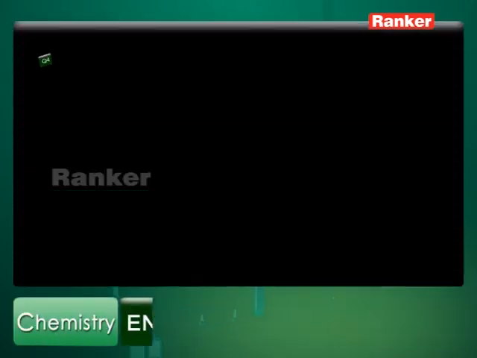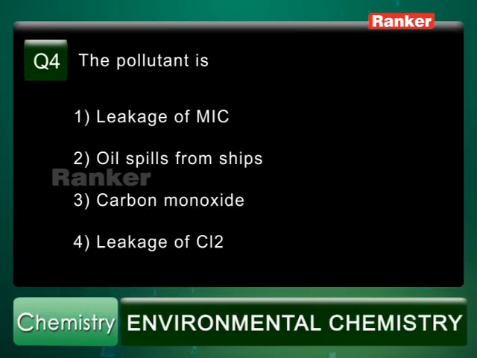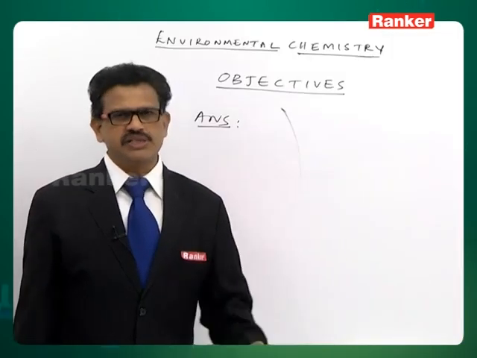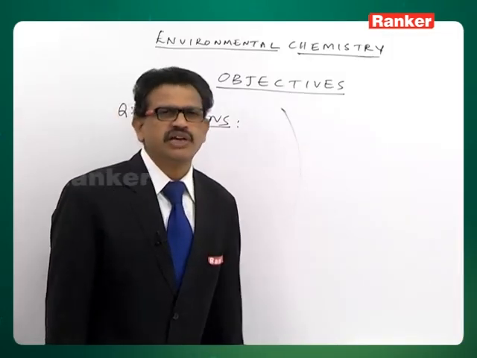Question number 4. The pollutant among the options: MIC, methyl isocyanate; oil spills from ships; carbon monoxide; leakage of chlorine gas from chlorine industries. What is the difference between pollutant and contaminant?